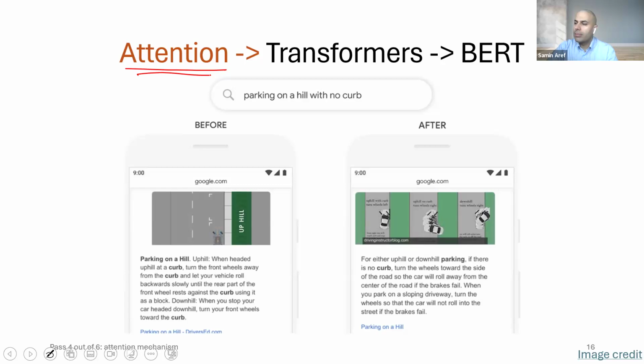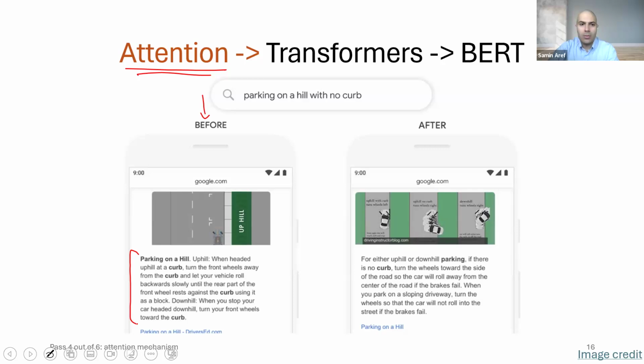Before the BERT model was introduced, which uses attention mechanism, if someone searched for parking on a hill with no curb, they would get a result that is, as you can see, about parking on a hill that has a curb. So of course, this is a failure of Google search.